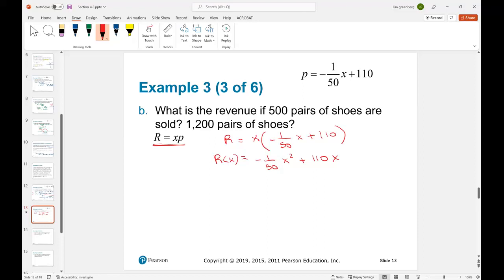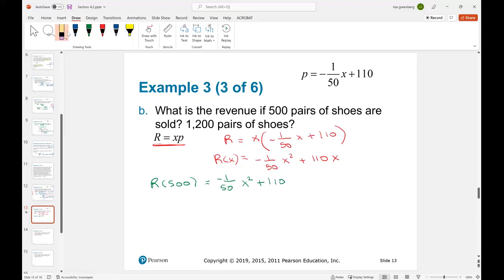And so we want to know, well, we have this equation. What's going to happen when I sell 500 pair of shoes? So R of 500 is equal to negative 1 over 50 X squared plus 110X.